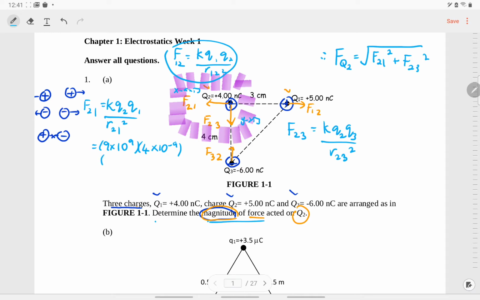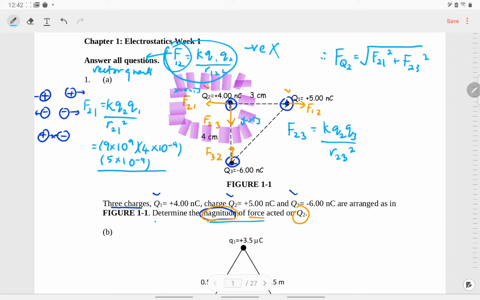Q1 is positive juga. Actually untuk electrostatic force, force ni adalah vector quantity. Bila vector quantity, charge kalau dia negative pun, negative charge tak payah substitute dalam calculation. So kita continue.